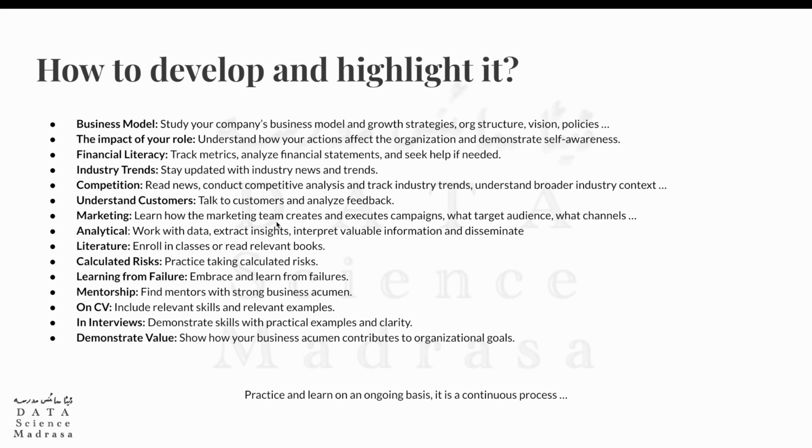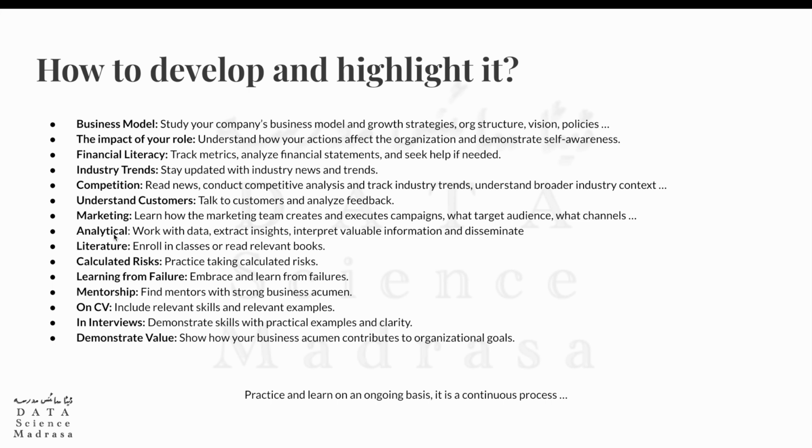Marketing, you need to liaise and understand with the marketing team and how they operate and execute campaigns, because quite often you'll find your data insights and the outcomes from your work feeding these campaigns. You should understand what target audience is, what channels are being used by the marketing team.